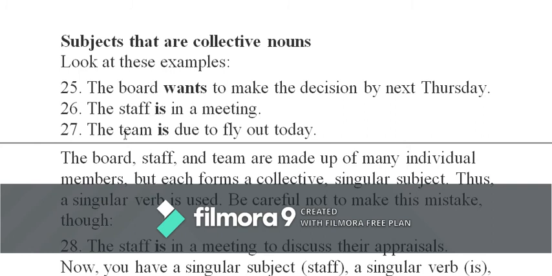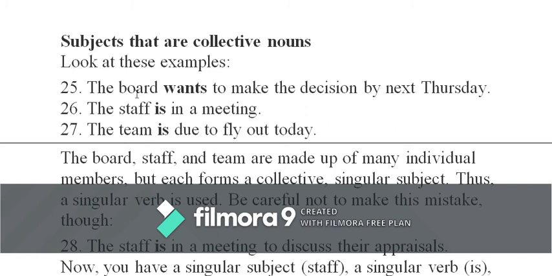The team which comprises a number of people, the team is considered as one. So we say that the team is due to fly out today. Now the explanation is the board, the staff, the team are made up of individual members, but each forms a collective singular subject.